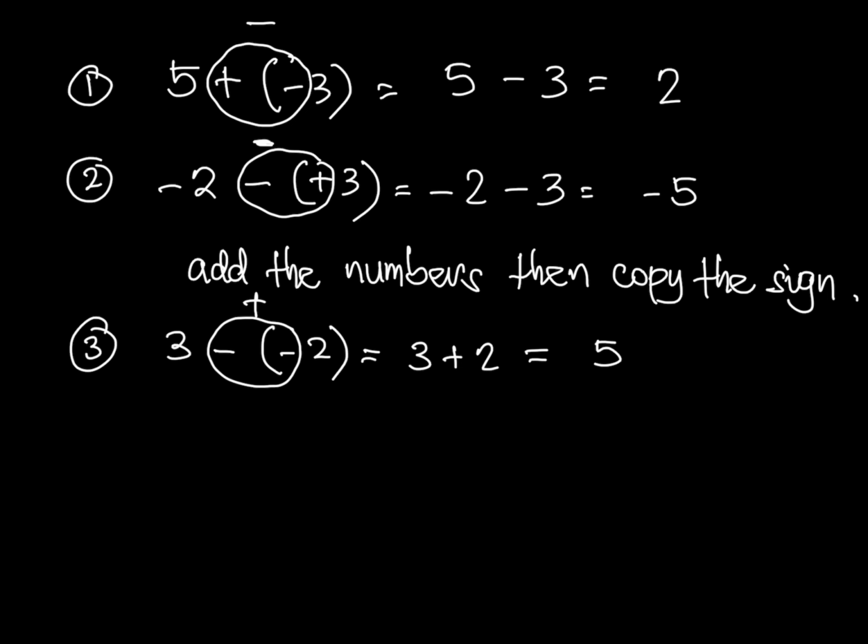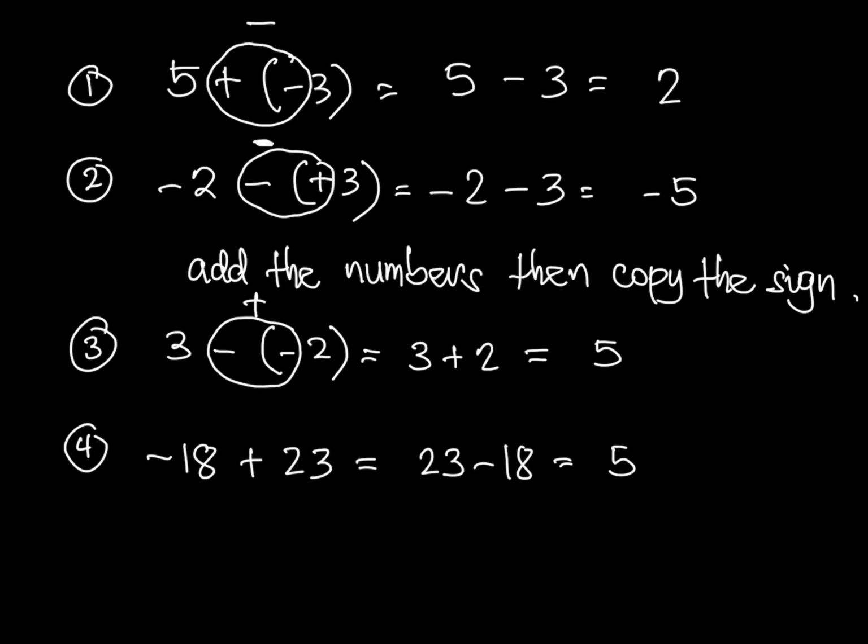Now what about the fourth example? What if you have negative 18 plus 23? In this case, you have to subtract the numbers, and then copy the sign of the big number. So it will become 23 minus 18, which is 5.